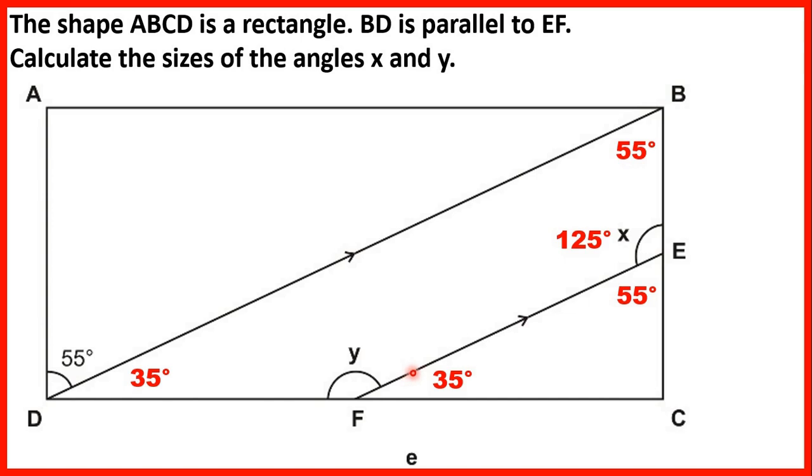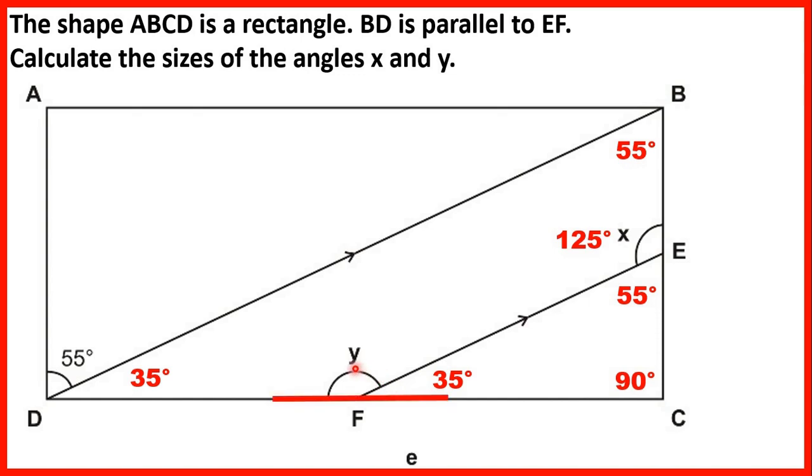Now the other way to work out that this angle will be 35 is to spot that this angle here is a right angle, so 90 degrees, and then angles in a triangle have to add up to 180. So we have 55 and 90, that's 145, and if we subtract the total of these two angles, so 145, from 180, that gives us 35.